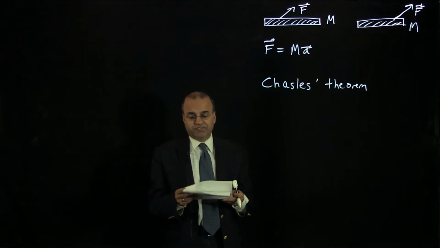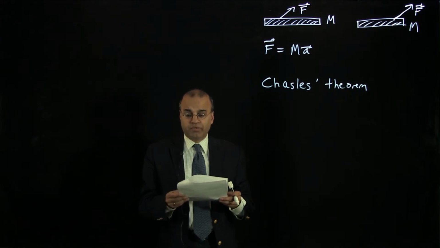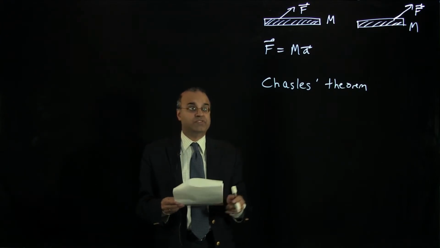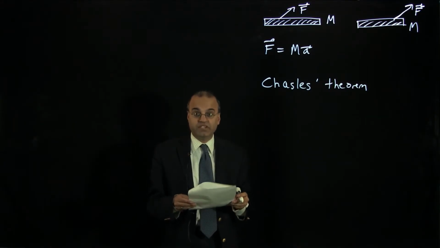In fact, in the next few lessons, we'll see that there's a special equation of motion for describing rotational motion that's analogous to Newton's second law of motion, analogous to F equals ma, applying to rotational motion.